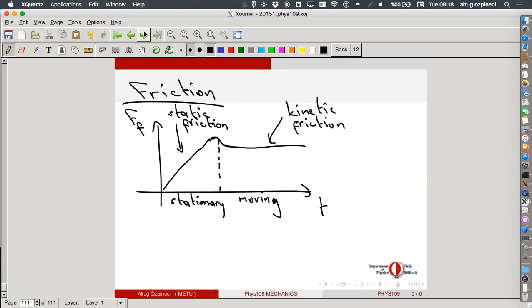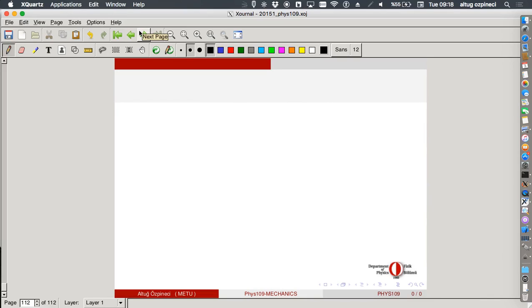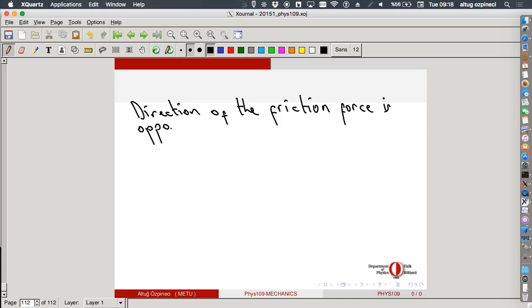That's what I thought. Okay, so this is what you usually learn. Even in your book, at some point, it's written more or less like this: the direction of the friction force is opposite to the motion.